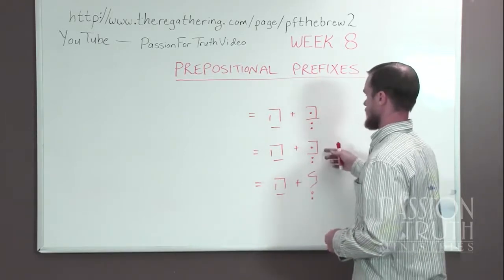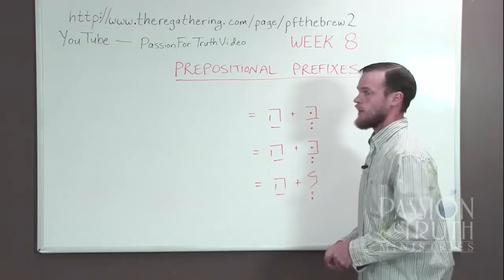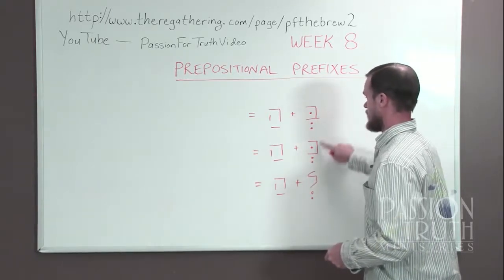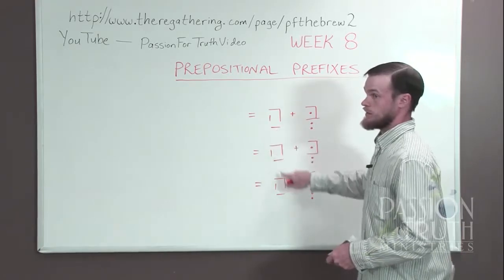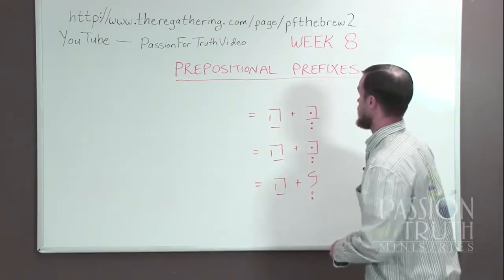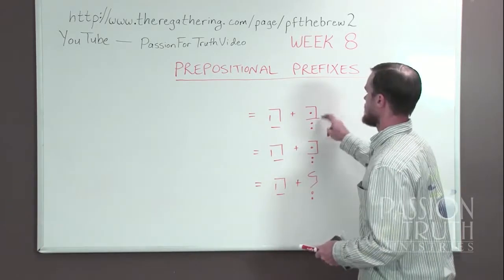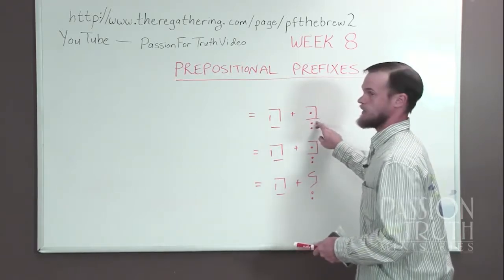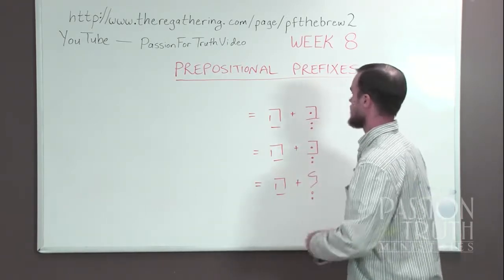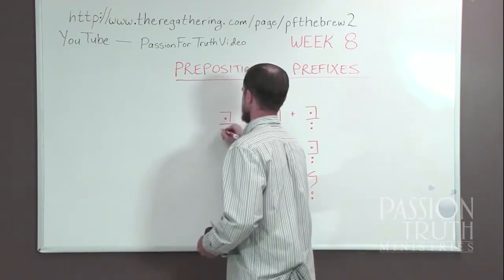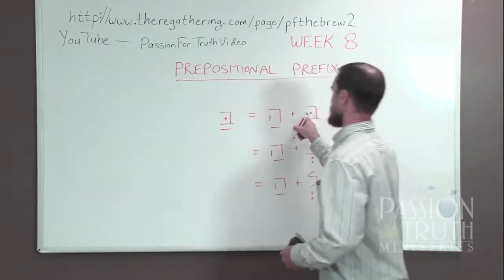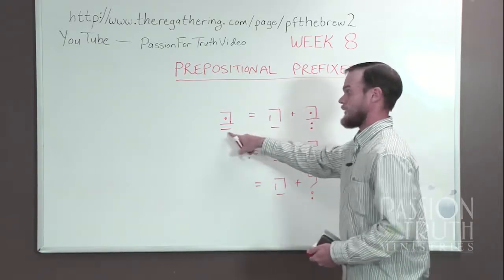When any of these prefixes combine with the definite article, they will take the letter of this prefix along with the vowel that would accompany the definite article. So in, b, it would be in, ha is the, in the, though, is ba. The letter from this prefix, the vowel from that one.